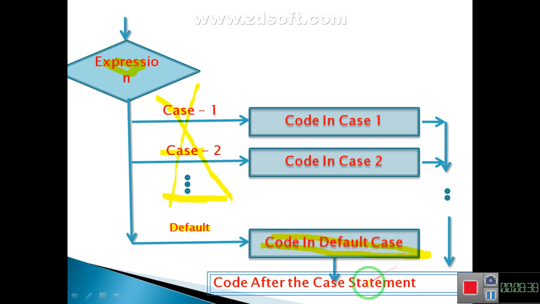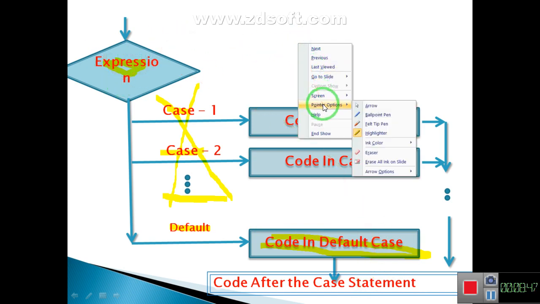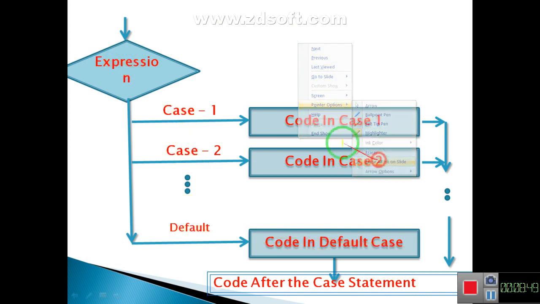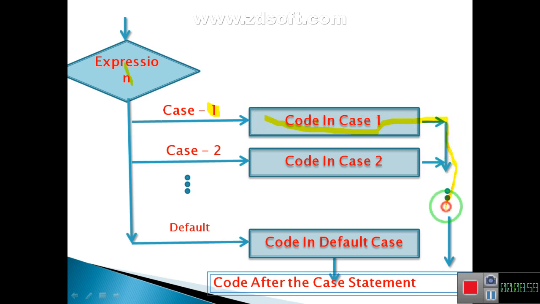Then it comes out of the switch statement and continues after the switch case statement. Okay, I'll repeat it one more time in another way. Listen properly. If the expression gives the answer 1, then case 1 is selected, this body will execute, then it comes outside of the switch case and continues after the switch statement.